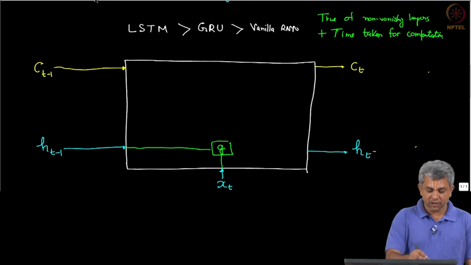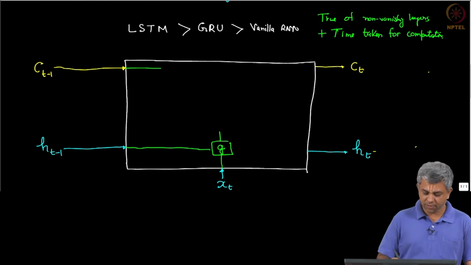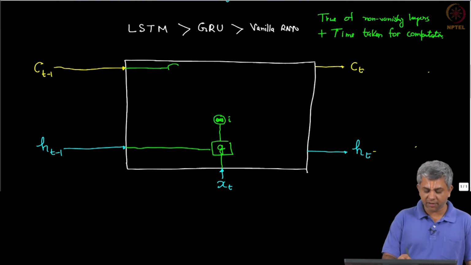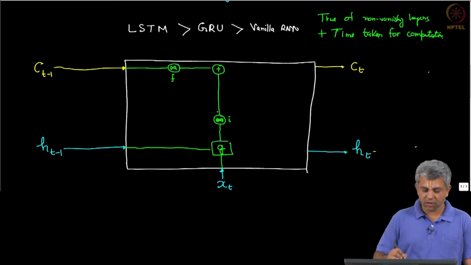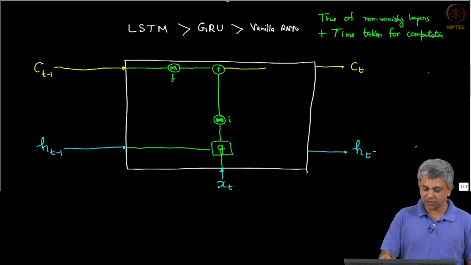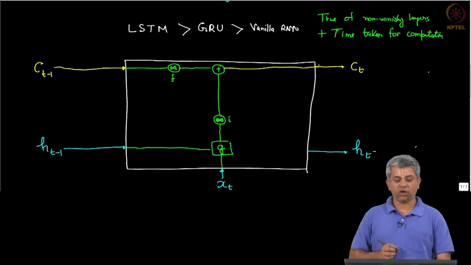Now, CT minus 1, if you remember, there is a valve here. It looks like infinity, but it is actually a valve. So it gets multiplied by the forget gate, gets combined with the new candidate CT, and the two combine to give us CT's output.